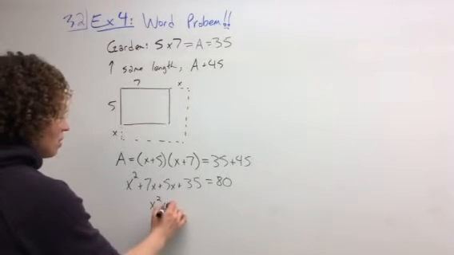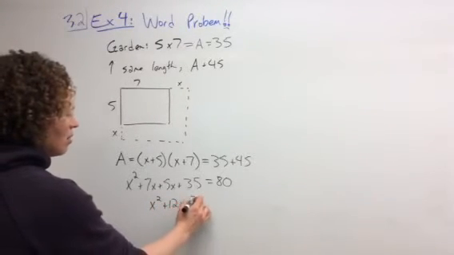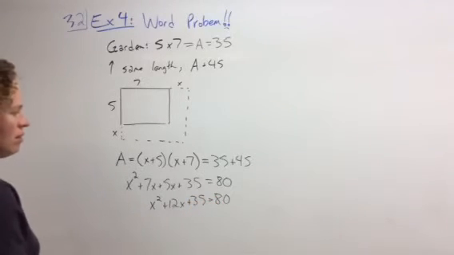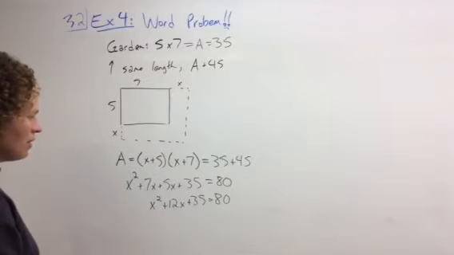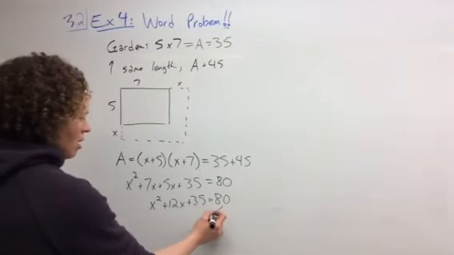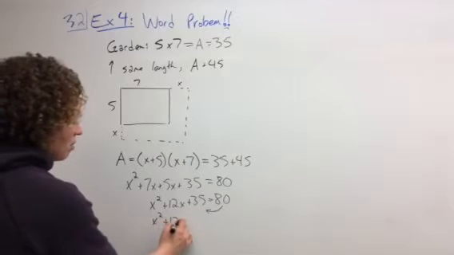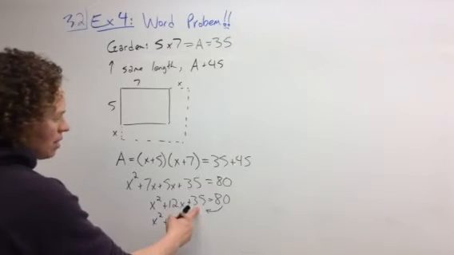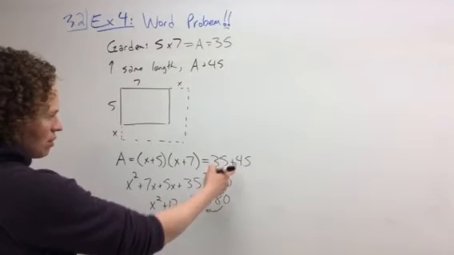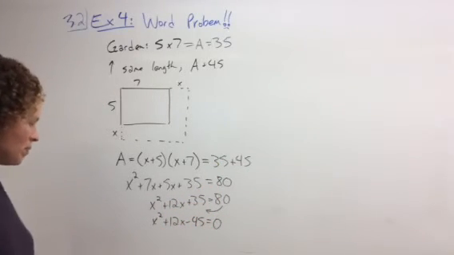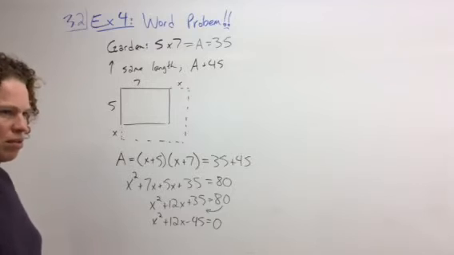I'm left with x squared plus 12x plus 35 equals 80. And then I can simplify by bringing the 80 over here. So I'm left with x squared plus 12x plus 35 minus 80, which of course is going to give us minus 45 equals 0.